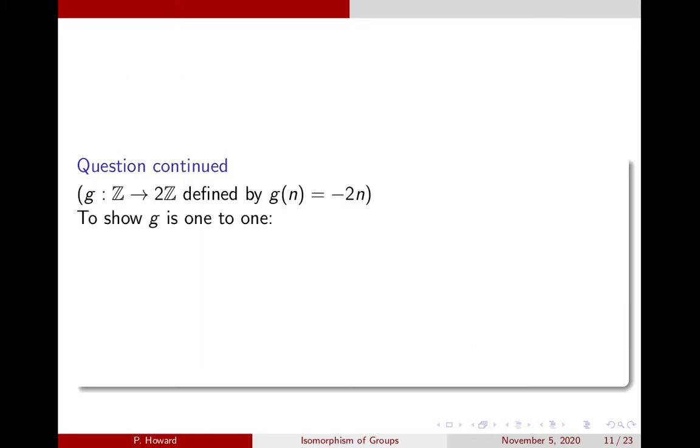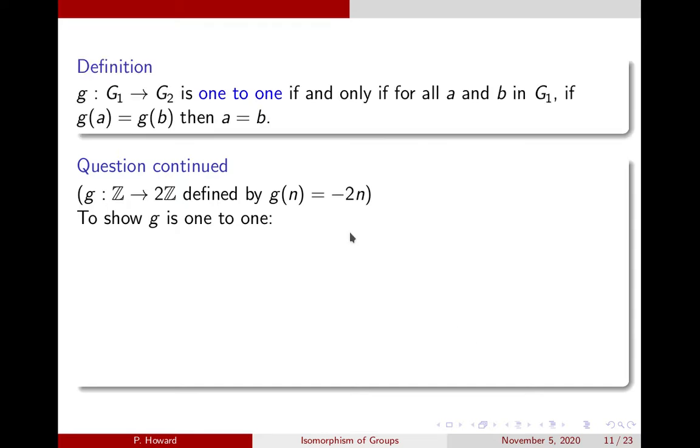Okay, we are going to start by showing that g is 1 to 1. Here's the definition of 1 to 1. A function g from a set capital G1 to another set capital G2 is 1 to 1 if and only if for all a and b in G1, if g of a equals g of b, then a equals b.